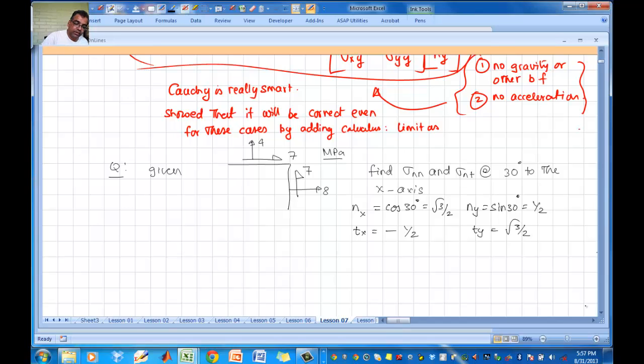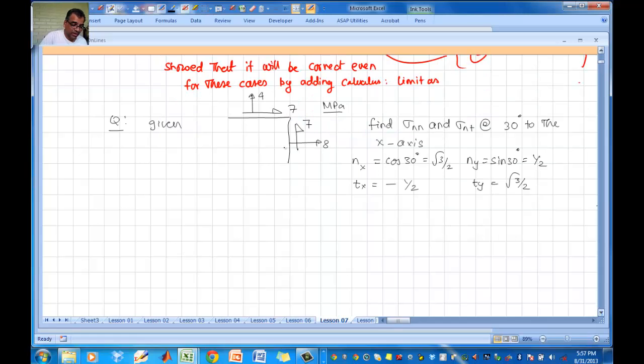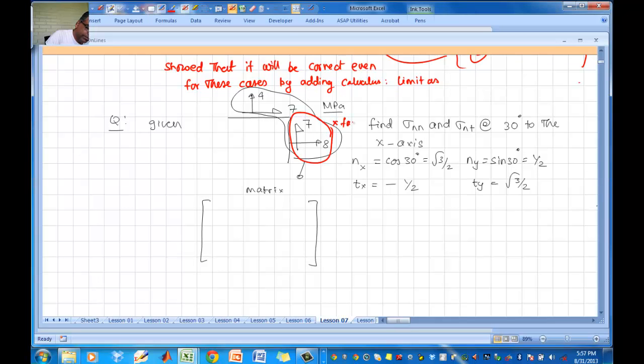So we are pretty much done, believe it or not. These we have to rewrite in a matrix. So this is x face. So sigma xx equal to 8.